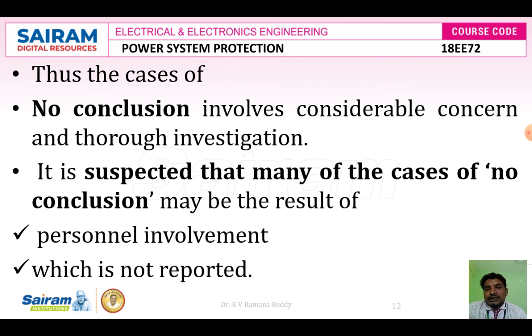Thus, the cases of no conclusion involve considerable concern and thorough investigation. It is suspected that many of the cases of no conclusion may be the result of personal involvement which is not yet reported.